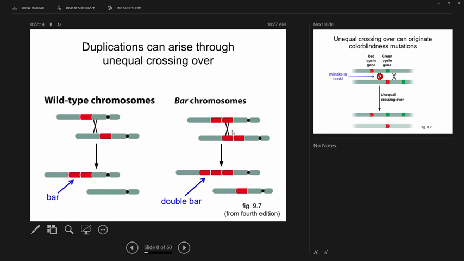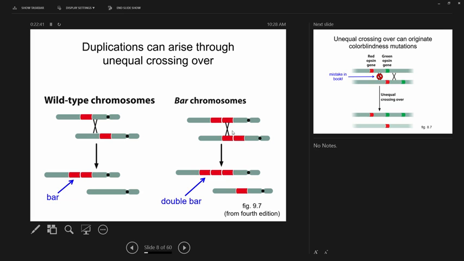Crossing over and recombination is homologous recombination. The sequences have to be the same, but what I just got done saying is that a lot of our genomes are full of repetitive DNA sequence. So the recombination can be screwed up a little bit, where there could be DNA both here and here on either side of the bar that looks enough the same that you could get a recombination.